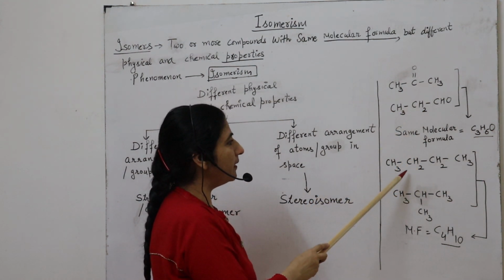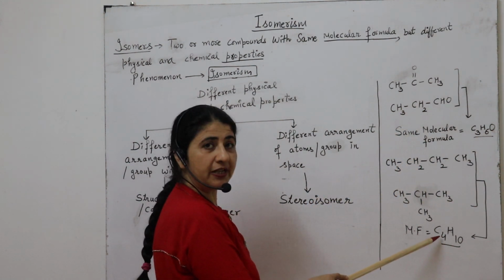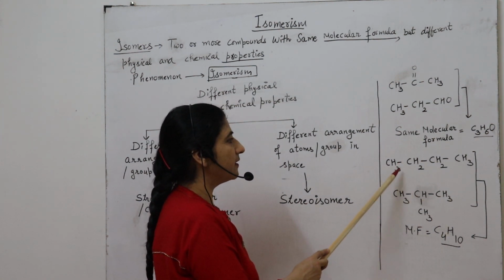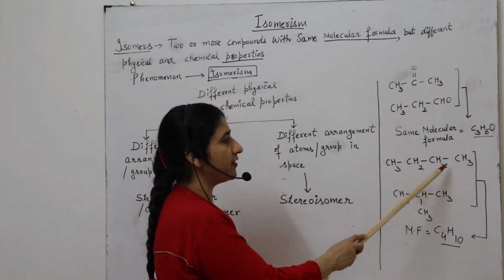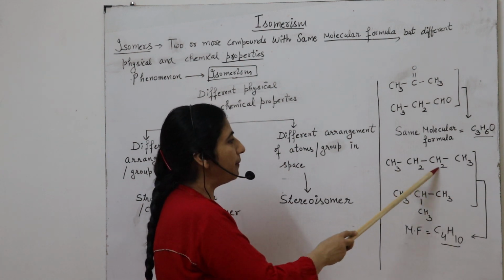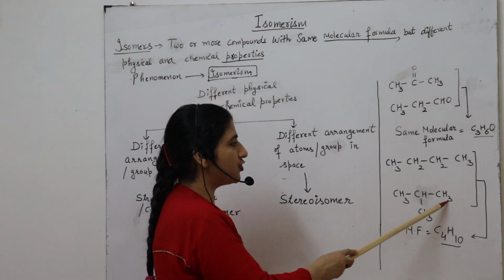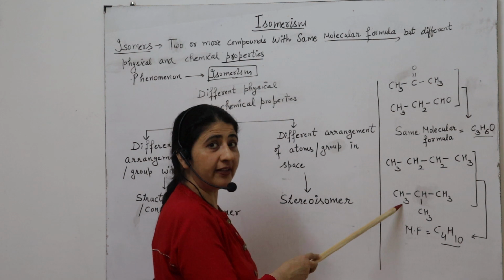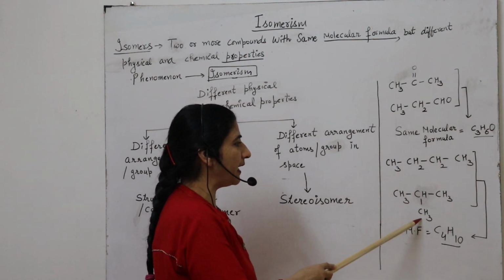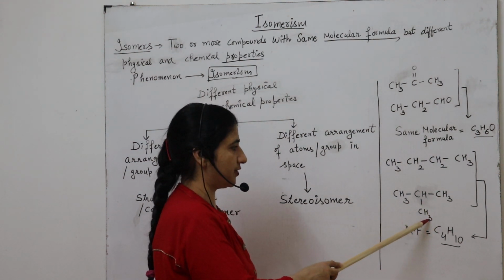The second example is butane. In the first case, CH3, CH2, CH2 and CH3. But in the second case, we have a parent chain containing 3 carbon atoms and 1 carbon atom is present in a branching state.